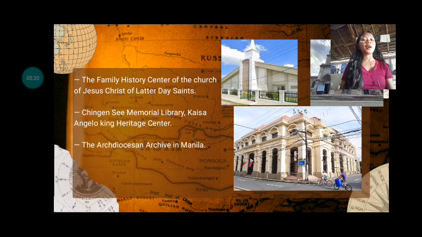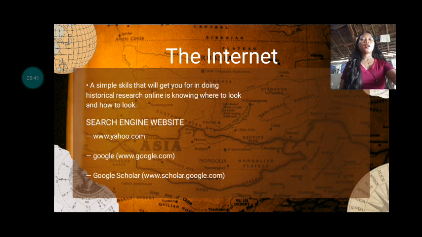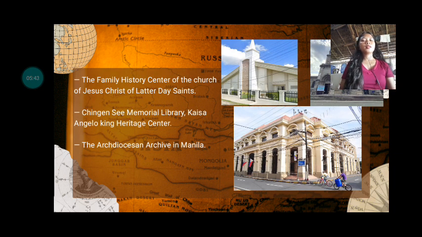We also have the Family History Center of the Church of Jesus Christ of Latter-day Saints, Shinkin Sea Memorial Library, Case Anglican Heritage Center, and the Archdiocesan Archive in Manila. I'm not sure of the pronunciations, my bad. So, these are the libraries that we can visit here in the Philippines.